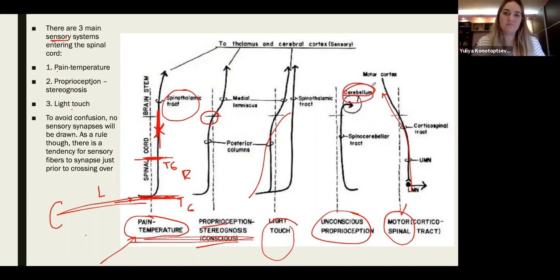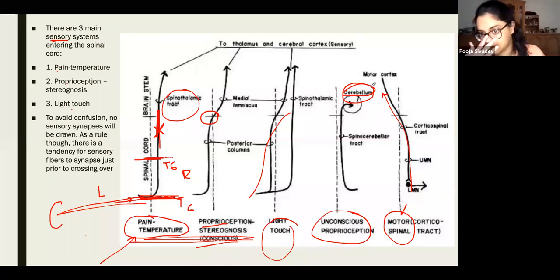That's the only thing. Anything with cerebellum will stay on the same side. So if your patient says, I am tilting towards the right side, I cannot stand straight, where is the damage?